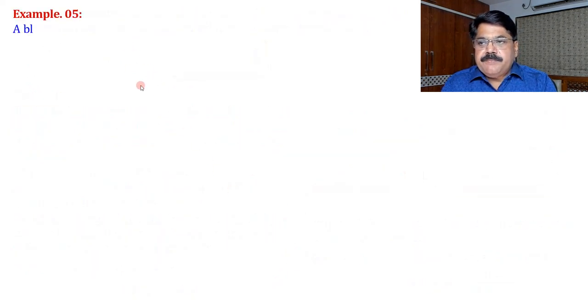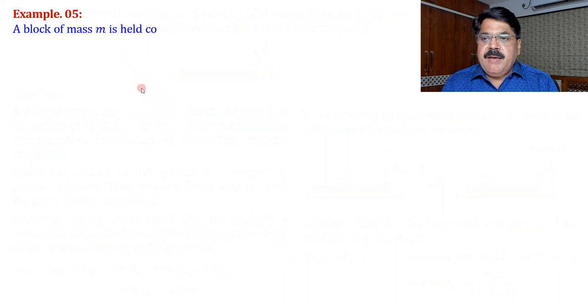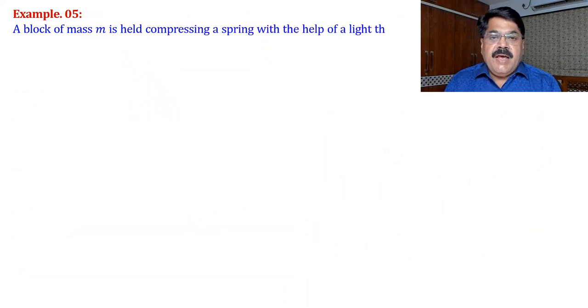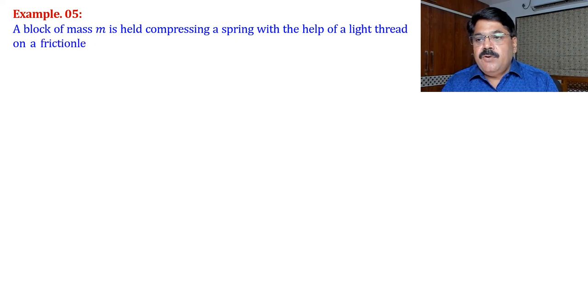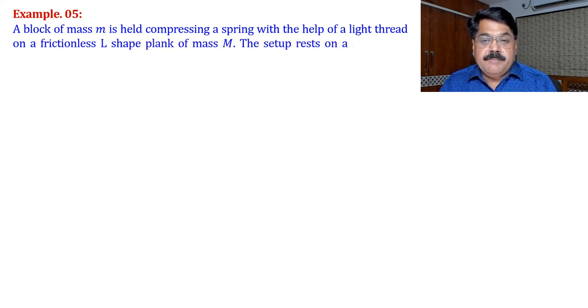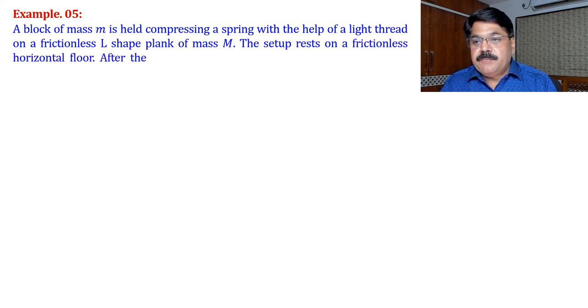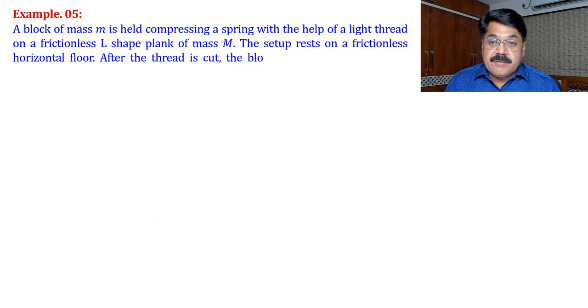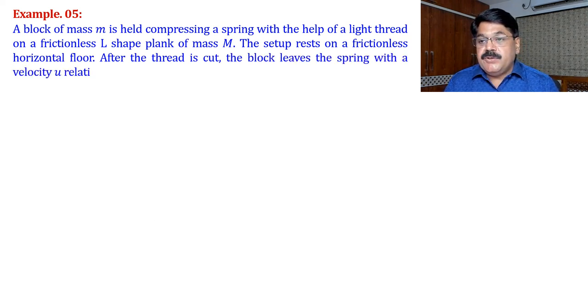Example 5. A block of mass m is held compressing a spring with the help of a light thread on a frictionless L-shaped plank of mass capital M. The setup rests on a frictionless horizontal floor. After the thread is cut, the block leaves the spring with a velocity u relative to the plank.